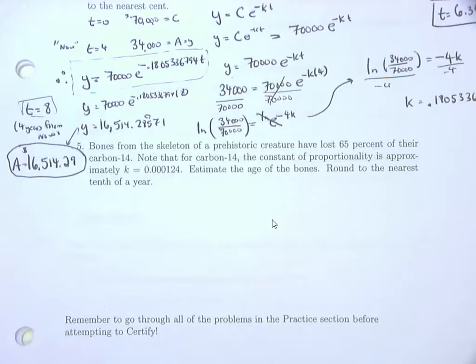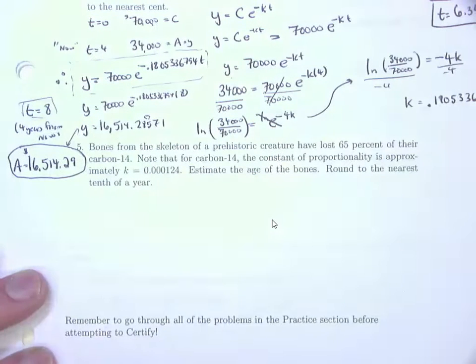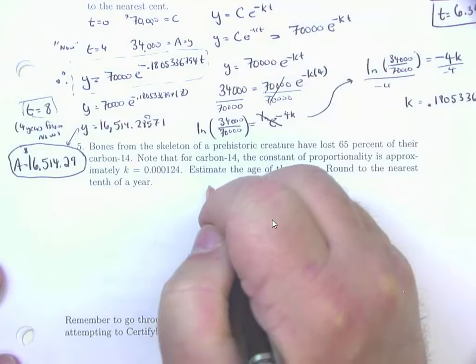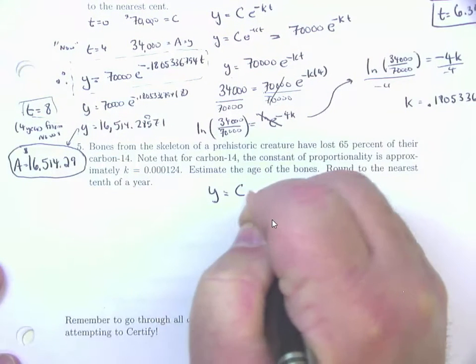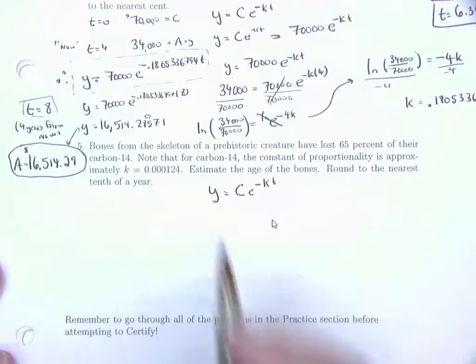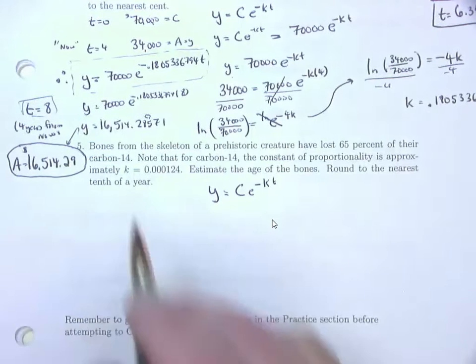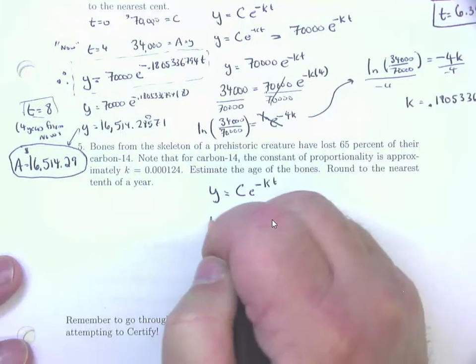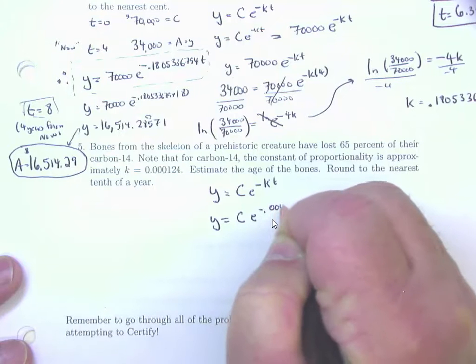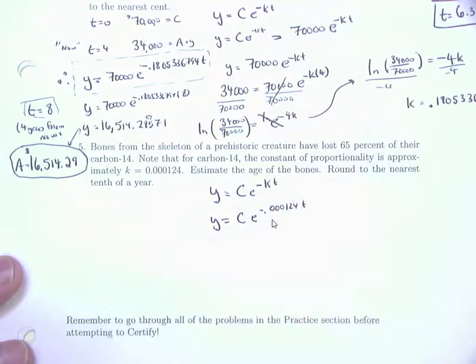So this carbon-14 is again an exponential decay. So my formula is going to be y or A is equal to C e to the negative kt because the carbon-14 decays. They gave me the k value. Well, that was awfully nice of them. So y equals C e to the negative 0.000124t.